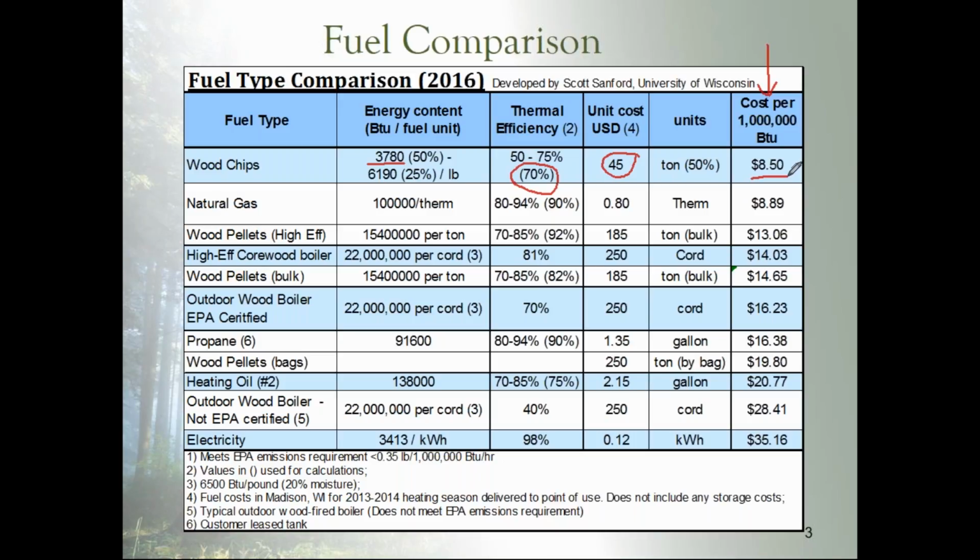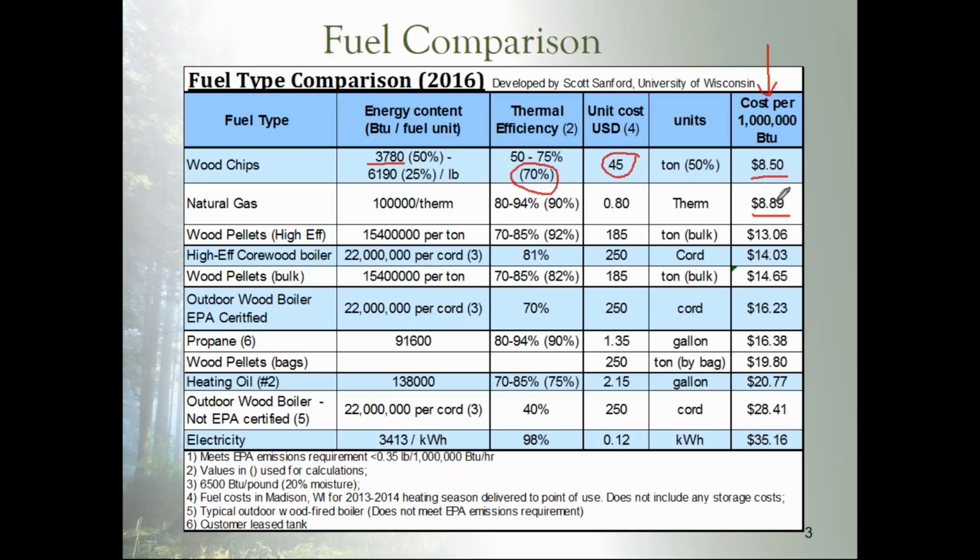I'm going to put a version of this chart up on our Wisconsin Wood Energy site, so you can actually put in numbers and change them if you want. But if you go to this first and you find that, say, we have natural gas and we want to use wood chips, there's only a 30 or 39 cents per million BTU difference.